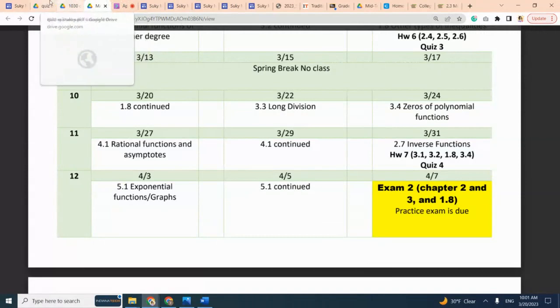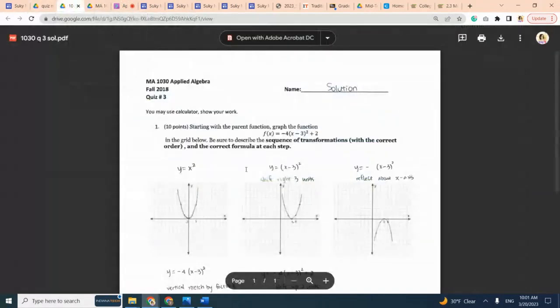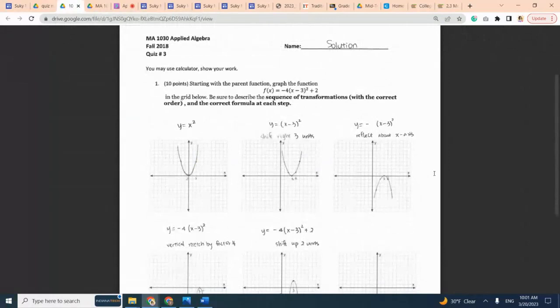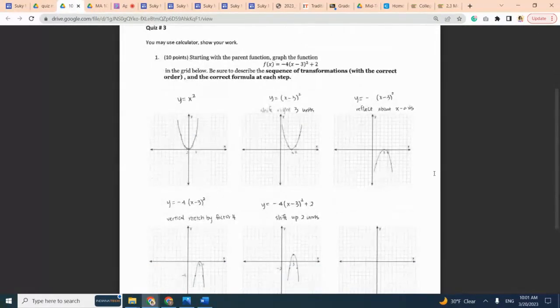All right, so let's look at our quiz. This is your quiz. Do you remember that, everybody? So, what are the 4 transformations? What's the first one? Shift left or right.